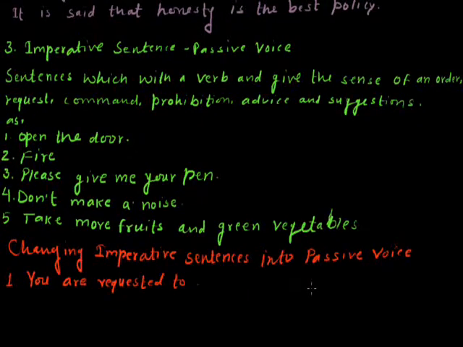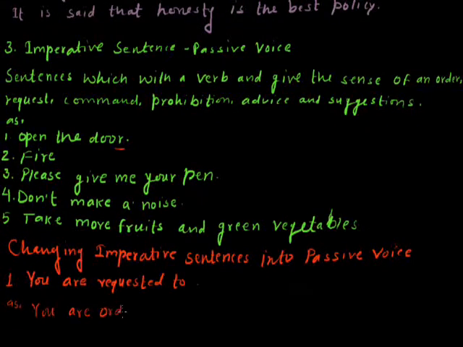If the sentence given makes the sense of advice, then we can also write you are advised to, and then the given passive voice. So if we are going to change the first sentence, open the door, into the passive voice, we will simply write you are.